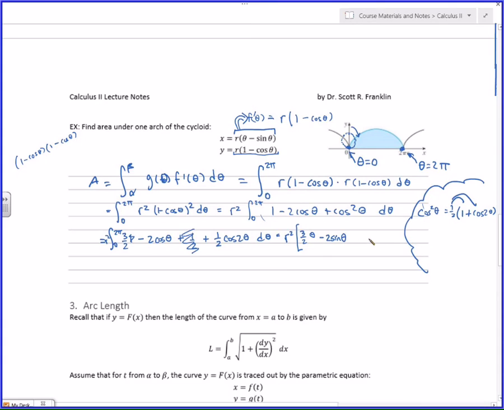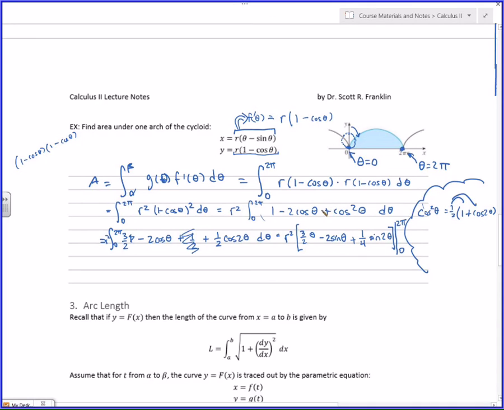And then the cosine of 2 theta becomes sine, and when I take the derivative of that, I have to multiply by 2, and I need to end up with a 1/2. So I'm going to use 1/4. Right? The derivative of 1/4 sine of 2 theta is cosine of 2 theta, times 2 times 1/4 gives me 1/2, so that works. From 0 to 2 pi.